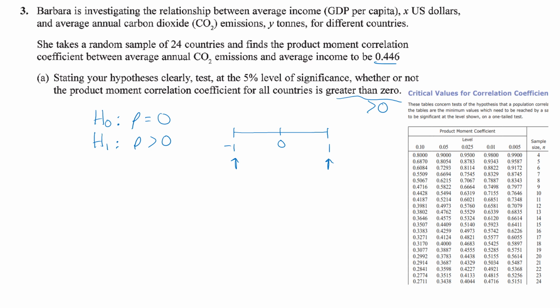So you look up the table at the 5% level and we've got a sample of 24 countries. We can see here on the scale is going to be our 0.3438, and we're looking for any value closer to the perfect positive correlation coefficient, then that's going to be in the critical region and it's going to be significant. So we have got that 0.446 is bigger than 0.3438.